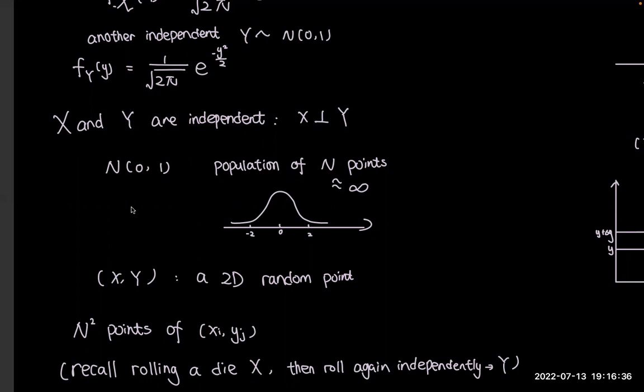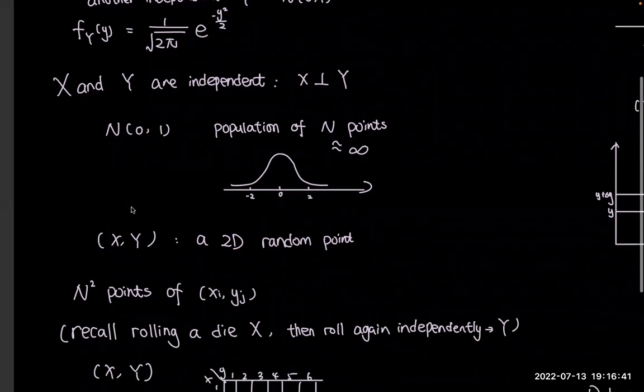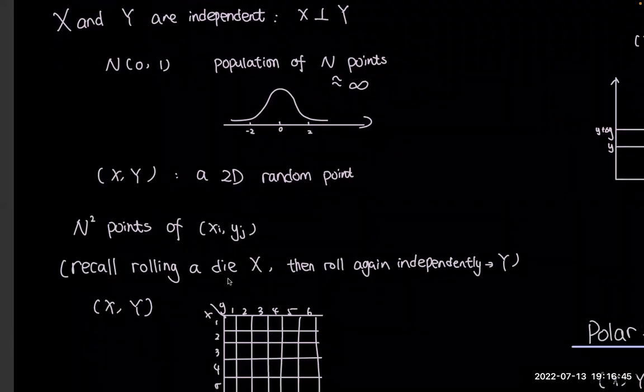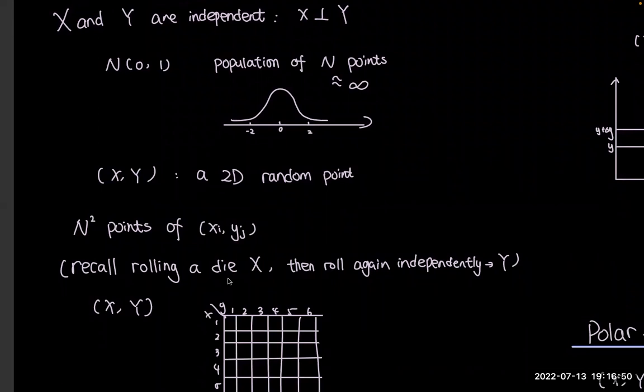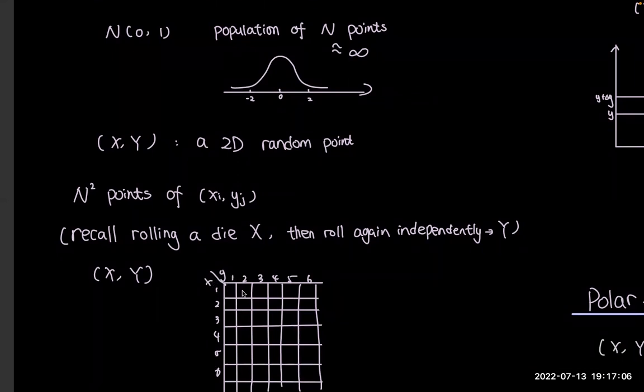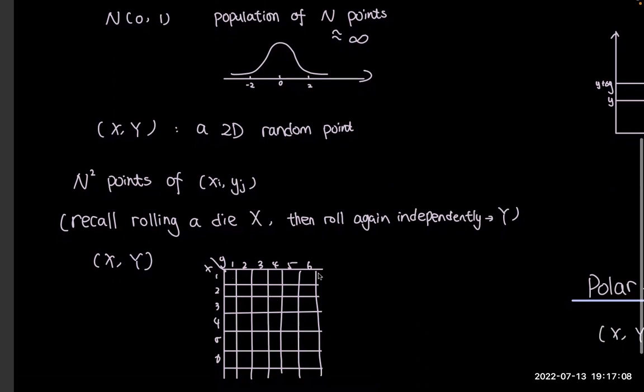Okay, but what do we mean by independence? Let's think about a simple example of rolling a die. Suppose we roll a die, then we get a number from 1 to 6. And suppose we then roll the die again independently, we get another number y, which is also from 1 to 6. What do we mean by x and y being independent? x can be from 1 to 6, y can be from 1 to 6. So how many pairs do we have?